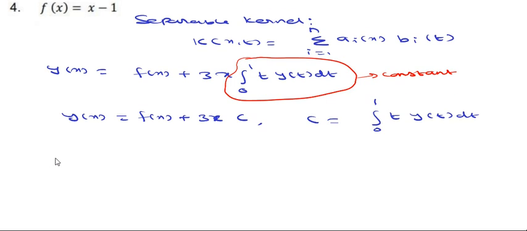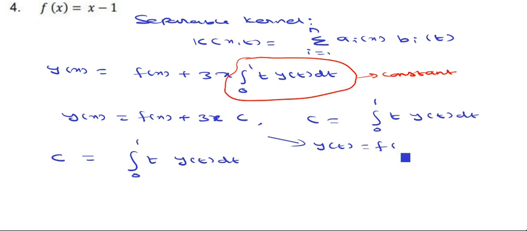So now we consider c is equal to integral 0 to 1 t y of t dt. From this we can find y of t equal to f of t plus 3c into t. So substitute this y of t here.